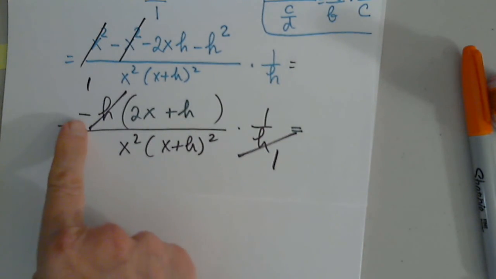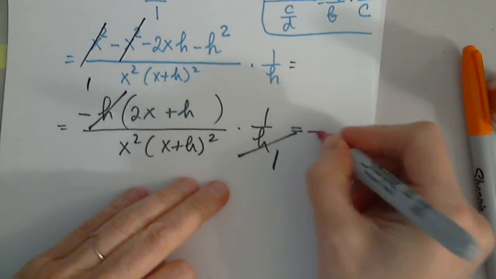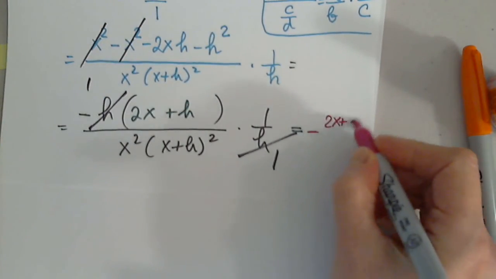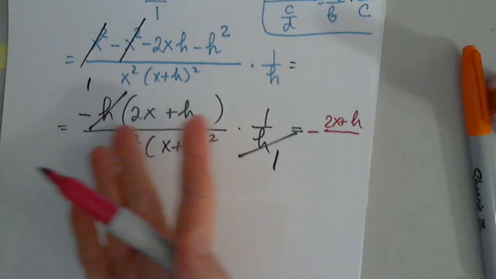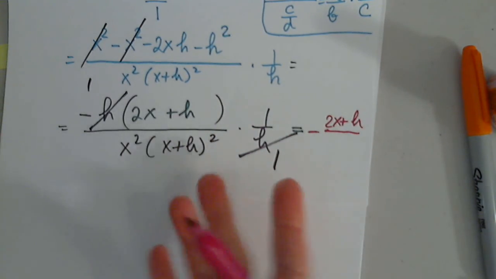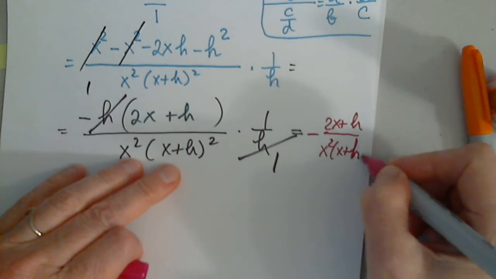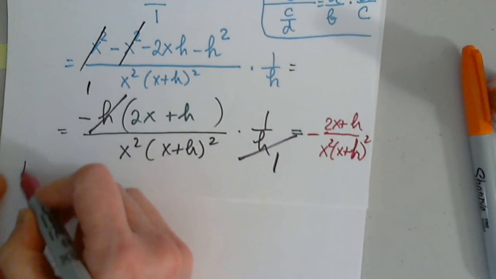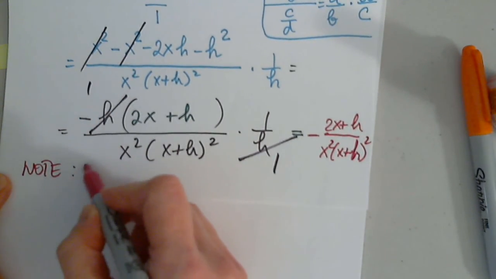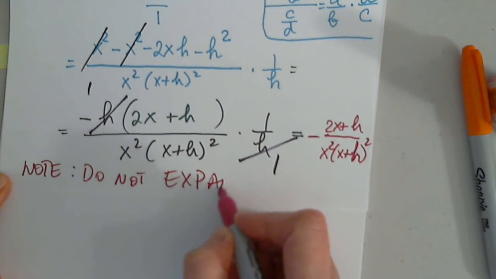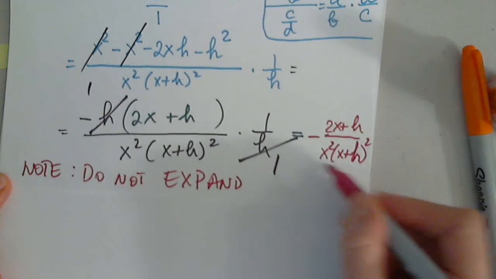So first of all, you have to copy the minus in front. Then the numerator is 2x plus h, because there is nothing else. And the denominator has to stay as is. Note, do not expand the factors in the denominator.